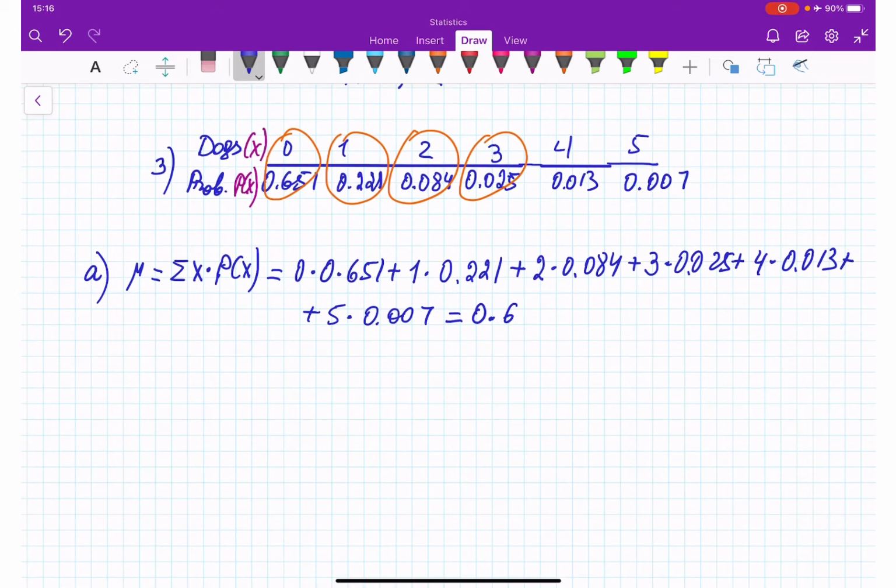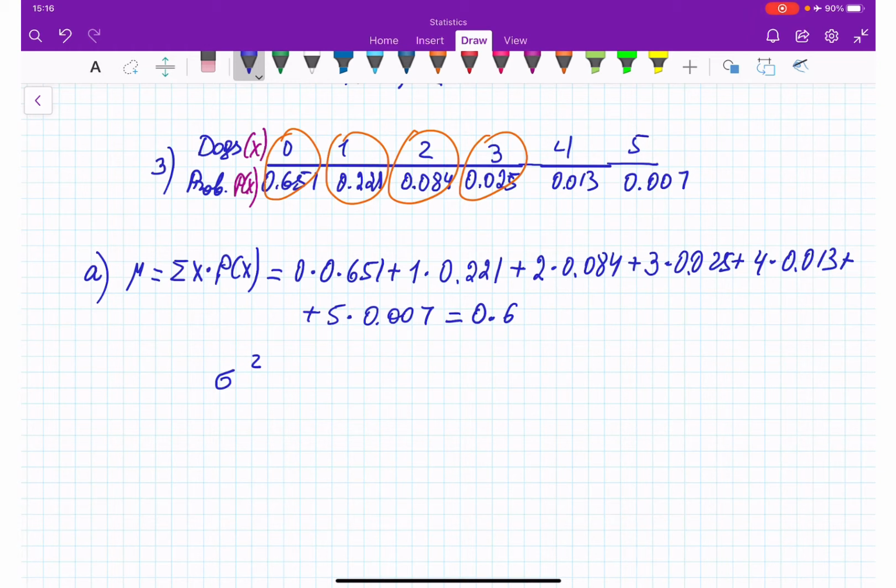Next, for the variance, sigma squared. I'm going to use the calculator that is going to be placed under the video.